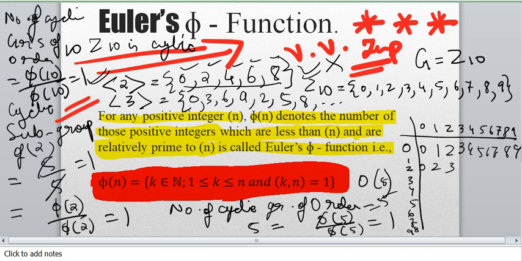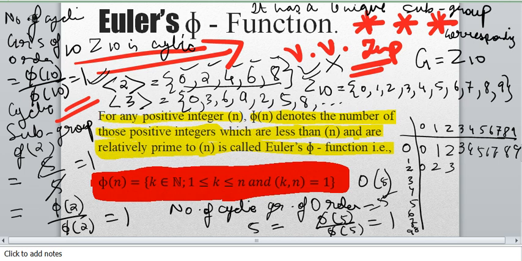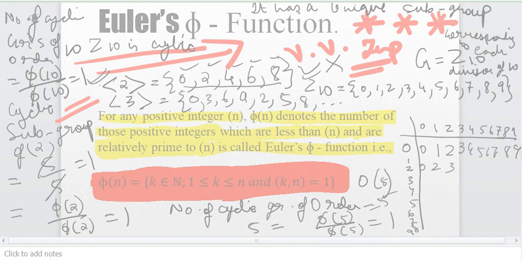So it has a unique subgroup corresponding to each divisor of 10. Each divisor of 10. You can see there is a unique subgroup every time.